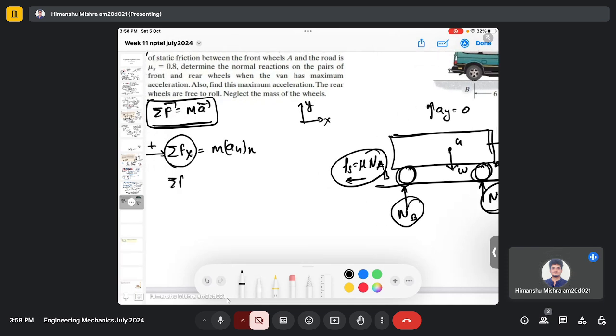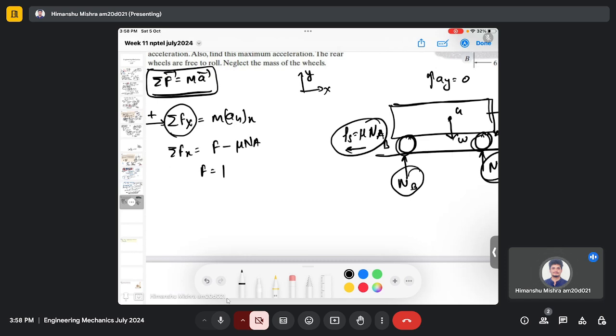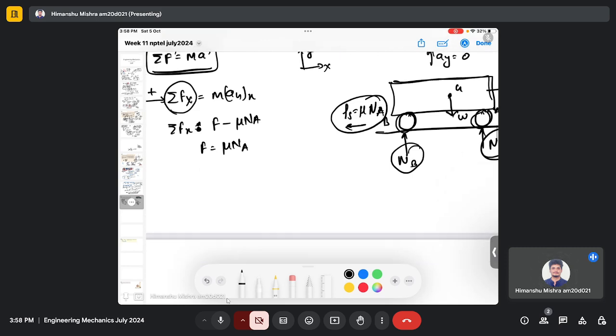So my summation of force equals F minus mu Na, so my force is equal to m times acceleration in the x direction, which is mu Na equals m ax.